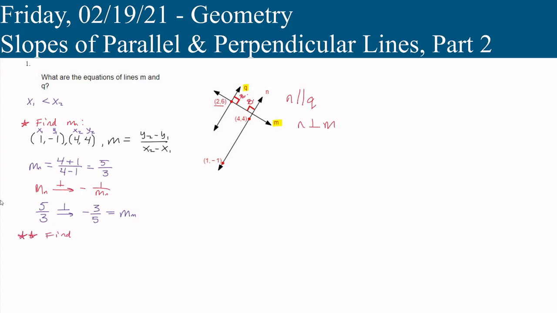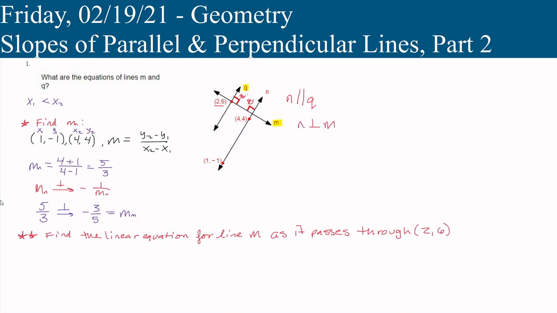So I'm going to find the linear equation for line M, right, as it passes through this point right here, this (2, 6).